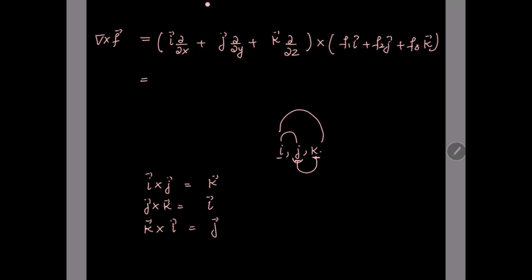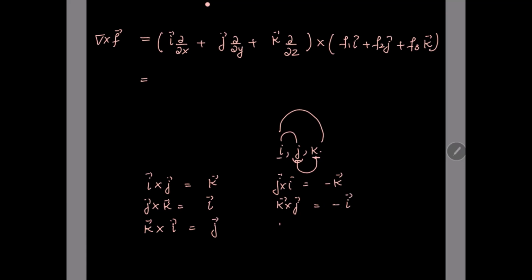Right? But if it is the opposite, that means if I am having, instead of i cross j, j cross i, then this will be minus k. Similarly, k cross j, the opposite, this will be minus i.